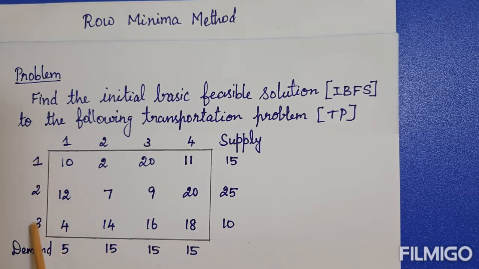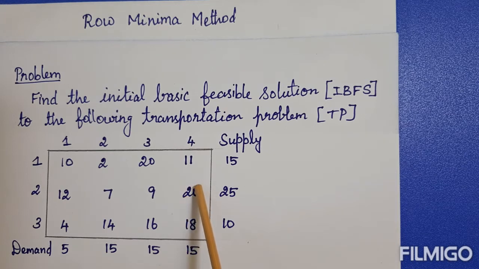These are the sources and these are the destinations. These are the supply of the sources and these are the demands or requirements of these destinations, and these are the cost involved here. This is the unit cost for transporting 1 unit of commodity from this source to this destination.